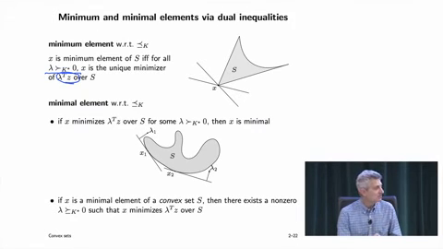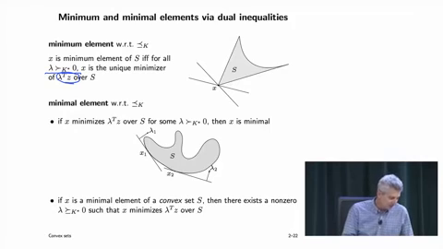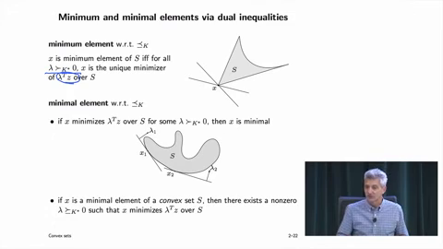Remember, minimum elements are unique. That's one way, and we'll come back to this later. It tells you that if you're solving optimization problems, you just minimize any non-negative linear combination of the elements of z, and that will give you the minimum element.